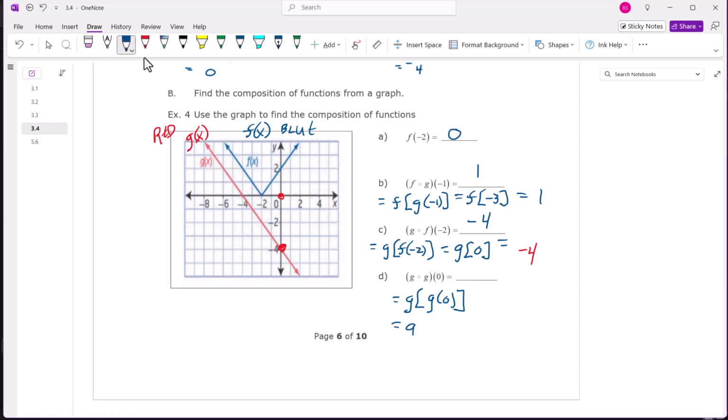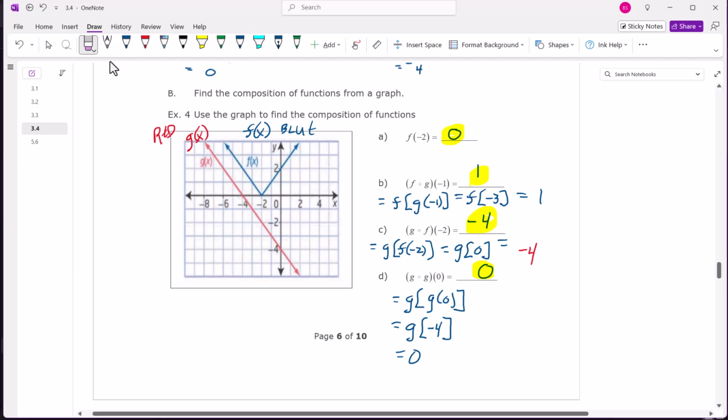So you'd really have g of negative 4. Now here's negative 4, so you're at that point, so that would be equal to a y value of 0. Really it's the same thing as doing the table, but you're getting the function value not from a table, you're getting it basically from a graph.